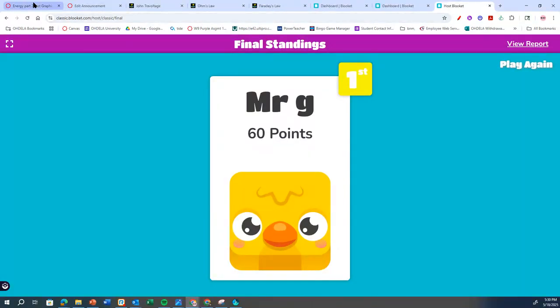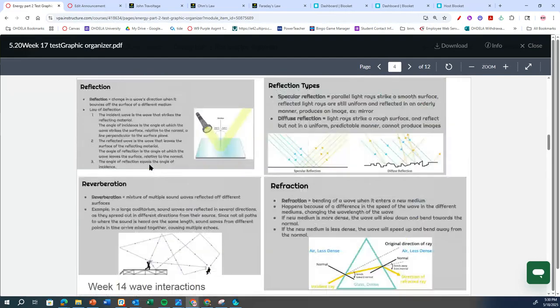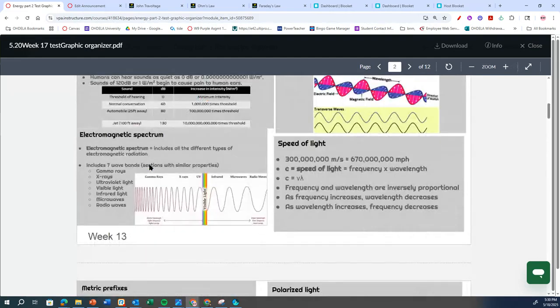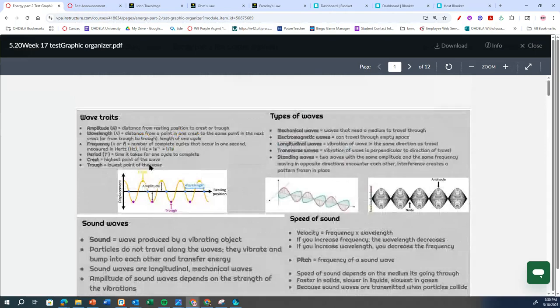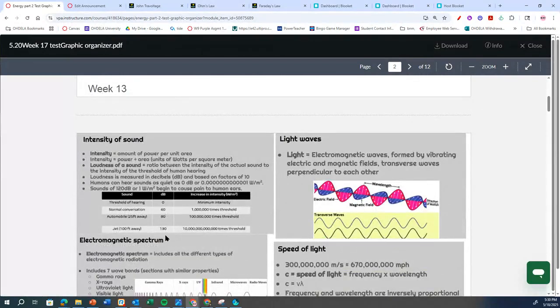So again, like I said, take a look at the energy here. Here is what we just talked about: the wavelengths here in week 13, the amplitude, the trough, the wavelength, mechanical waves versus longitudinal waves, vibration in the same direction, transverse waves perpendicular, and the speed of sound. 120 decibels, it shows here the jet, so you can hurt yourself.